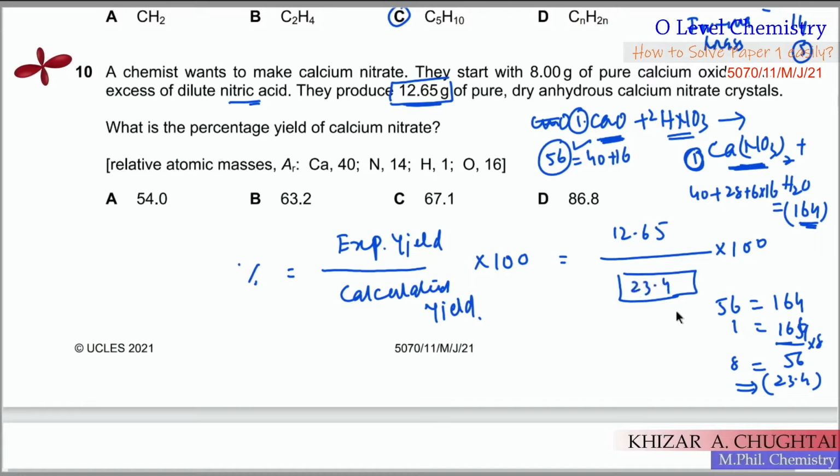Then our answer is 53.99. 53.99 means 54. So A is the correct option.